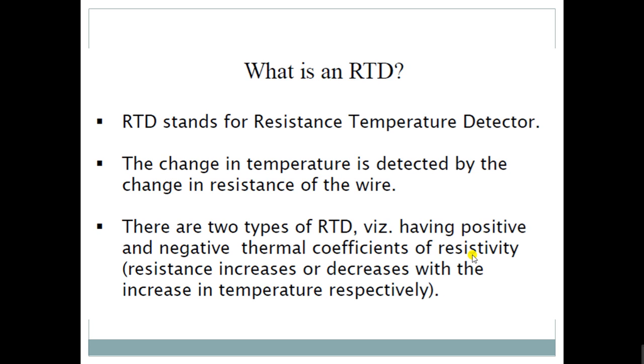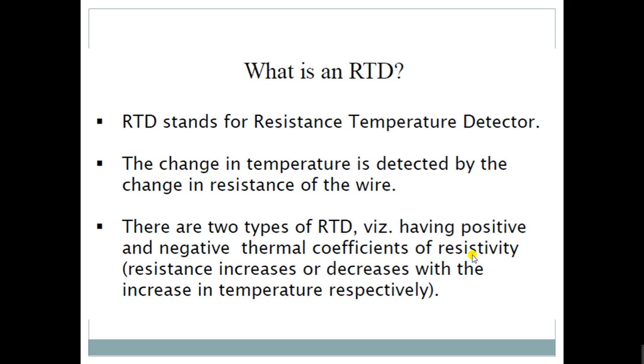Before going to discuss RTD, nowadays in the automation field, instrumentation plays a major role. An important device is a sensor and a transducer. A transducer is a device that detects and responds to some types of input from the physical environment.